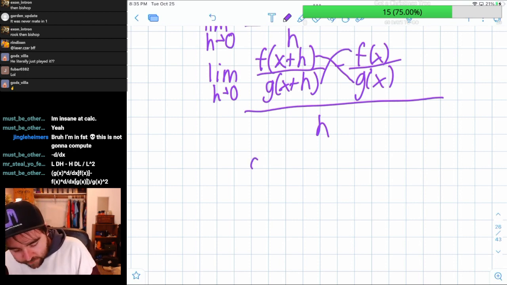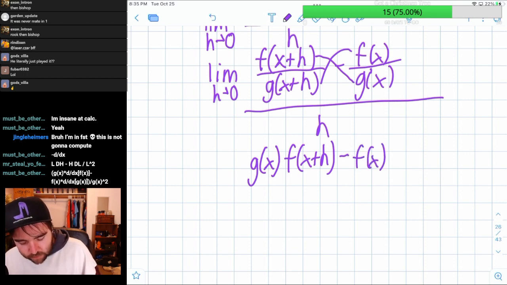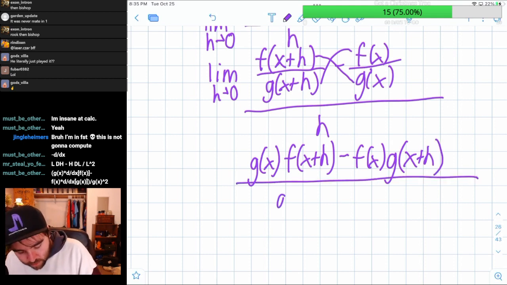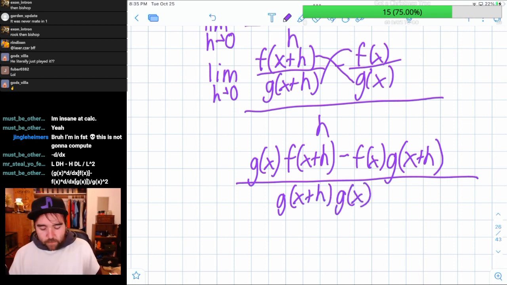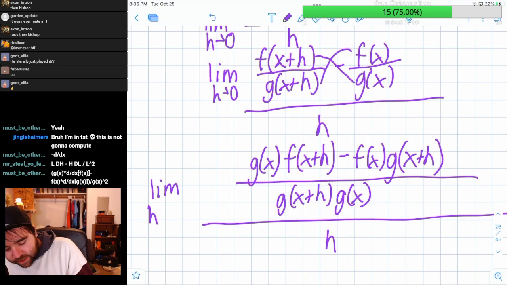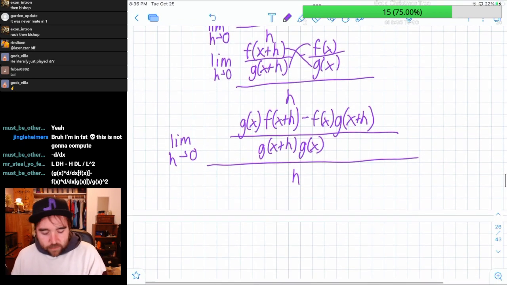So we're going to have g of x times f of x plus h minus f of x times g of x plus h, over g of x plus h times g of x. And then all of that over h. And then, of course, the limit as h approaches 0. All right. Awesome. That's not that bad.